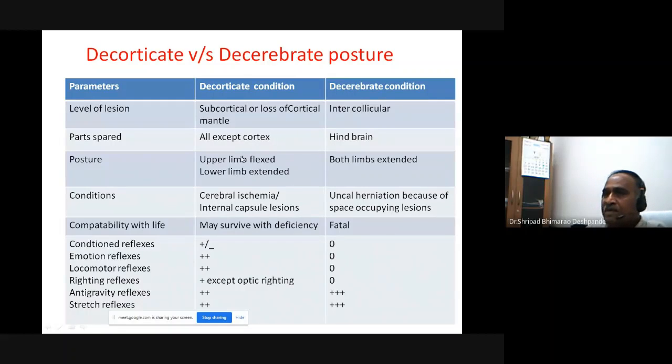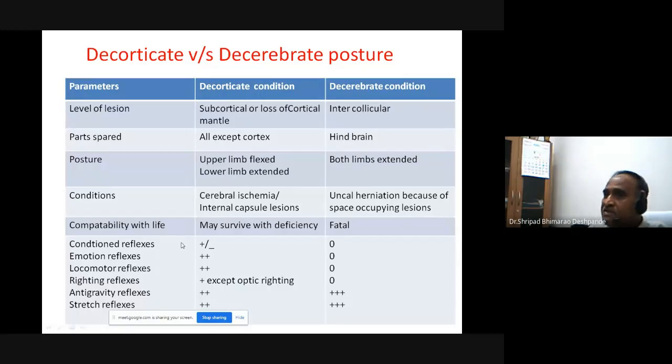Posture: upper limb flexed, lower limb extended; in the other, both limbs extended. Condition in human beings: that may be cerebral ischemia or anoxia and internal capsule lesions. In case of decerebrate lesions, it is uncal herniation because of the space occupying lesions I have mentioned.